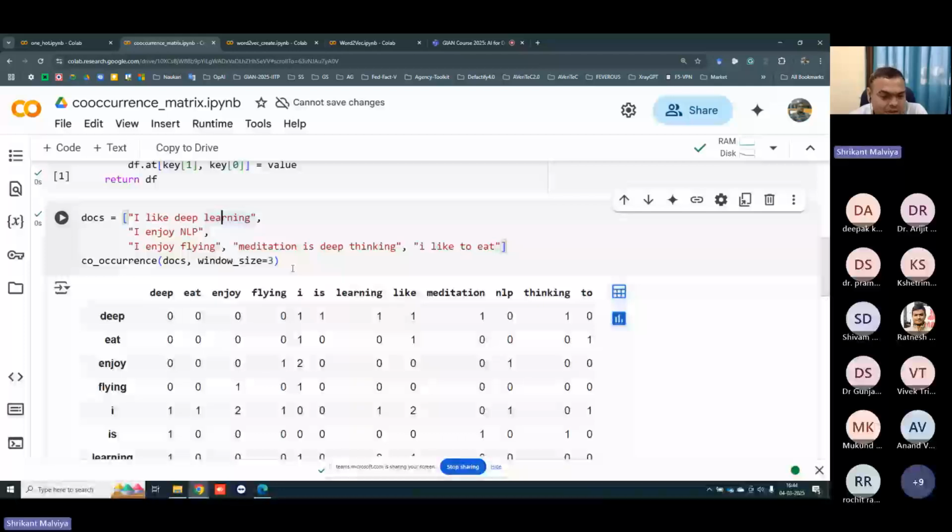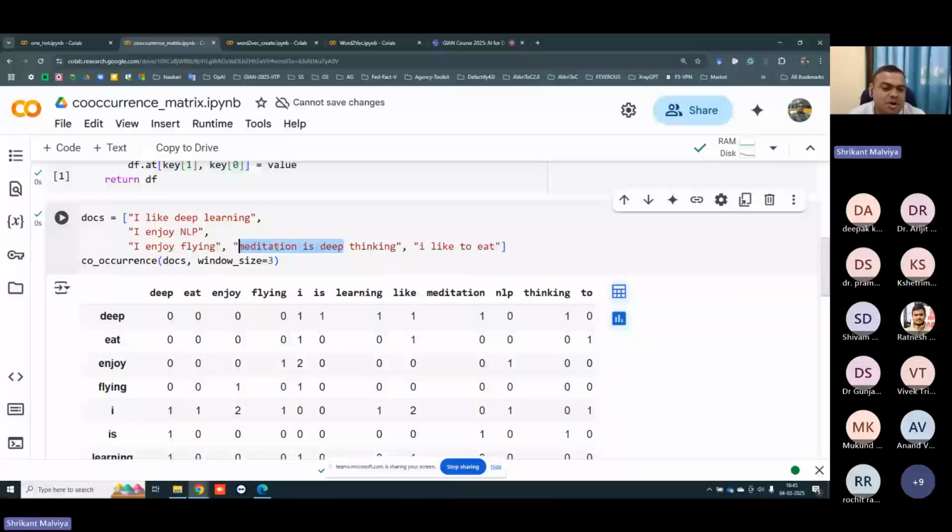Deep also comes with I, because if you take this much context, 3 words can be together: I like deep, so I is also associated with deep, being in the 3-length window. Deep also comes with is, here. Deep also comes with learning, here. Deep also comes with meditation, here, because meditation and deep are 3 length closer to each other.